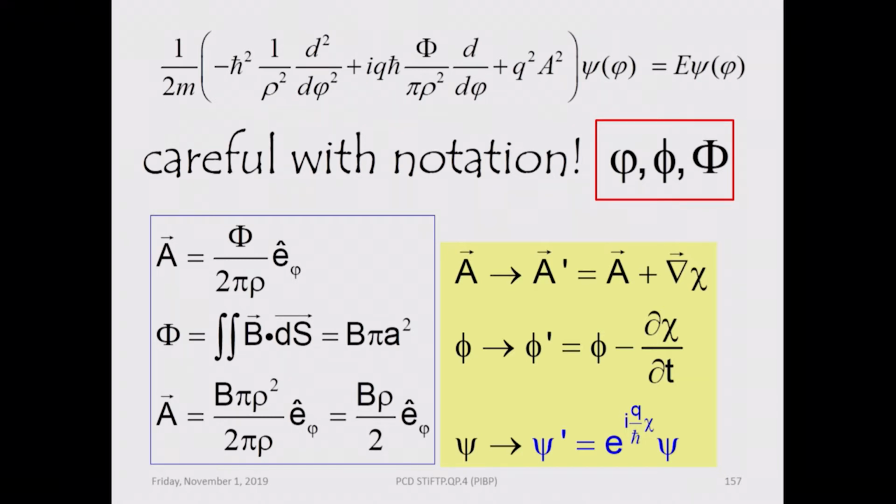We also discussed the gauge invariance properties of the Schrodinger equation, and we recognize that when the vector potential is changed from A to A prime, which is A plus del chi, chi being the gauge function, the electric scalar potential goes to phi minus del chi by del t, and the Schrodinger equation is invariant under the transformation which involves a phase factor, which is q over h cross times the gauge function, and q is the charge.